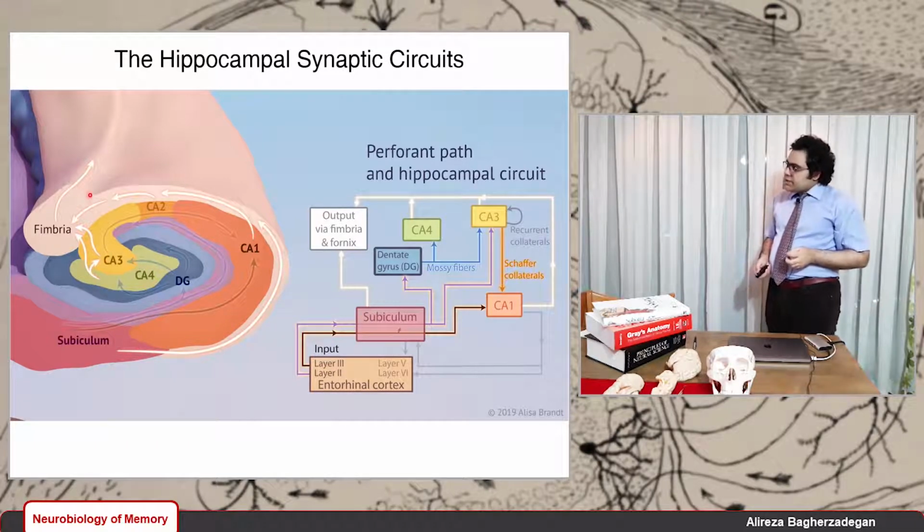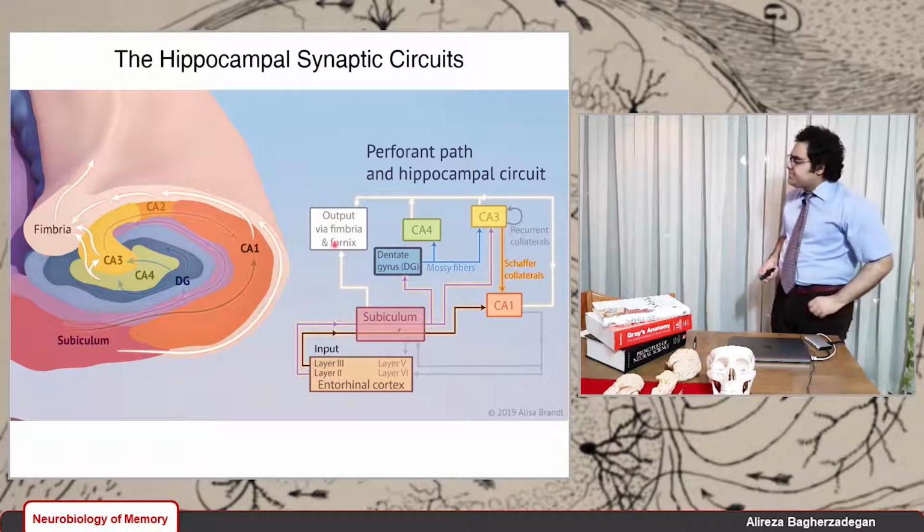And so again, you can see the coronal section of the hippocampus here, the subiculum, and you can see the CA1 area, CA2, CA3, and CA4. This is the dentate gyrus, and you can see how the outer layer of the hippocampus, the alveus, gives rise to fimbria, and it goes to the fornix.